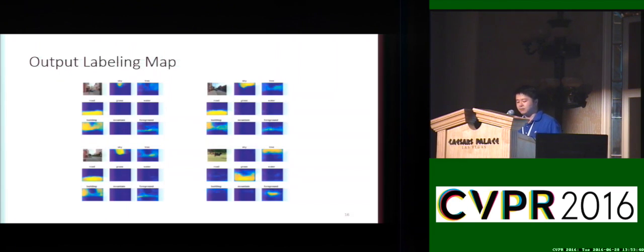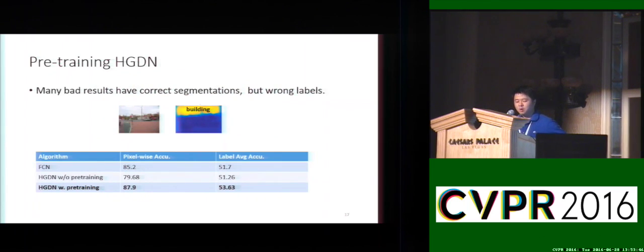These are some output labeling results. These are some good examples, and we also have some bad examples here. An interesting finding in our work is that even if some pixels are wrongly labeled, usually the images can be correctly segmented into different regions, but with wrong labels.